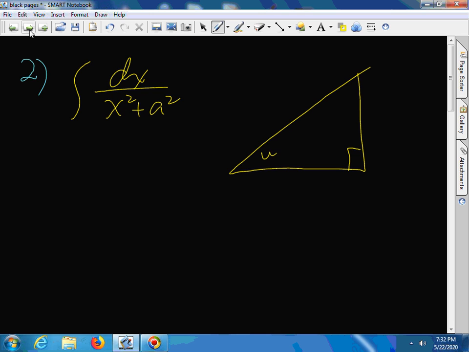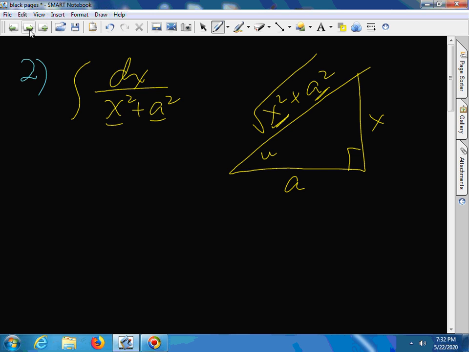Here's my angle u. Now since everything is being squared, the x is being squared and the a is being squared, then I just put everything under the hypotenuse. And the square root of this goes on one leg, and the square root of that goes on another leg.